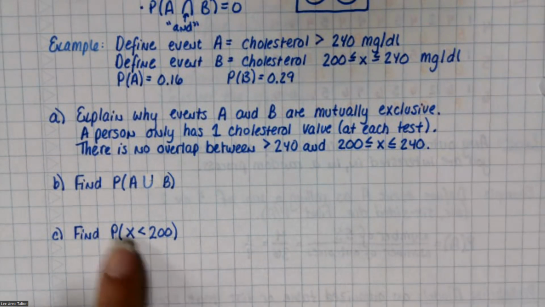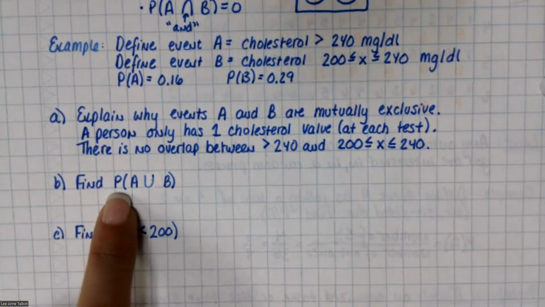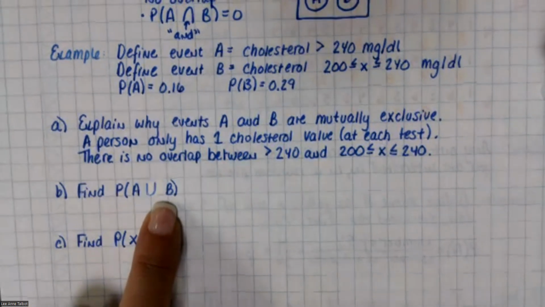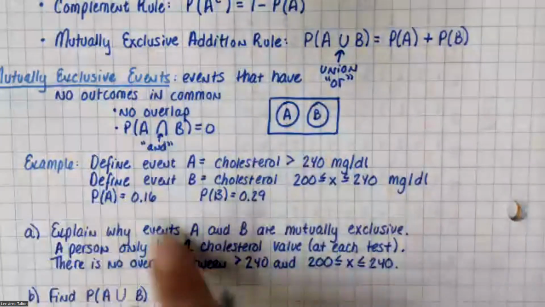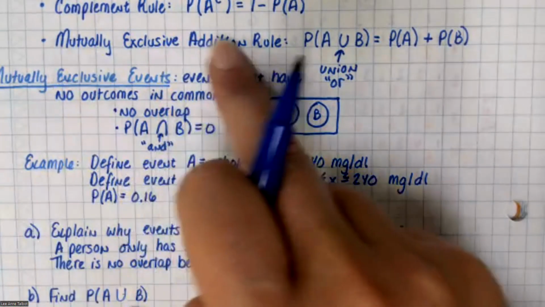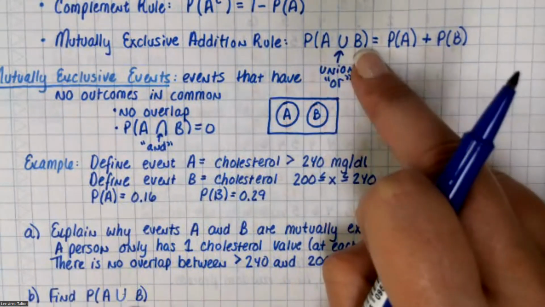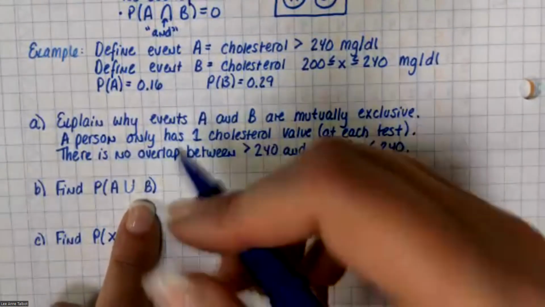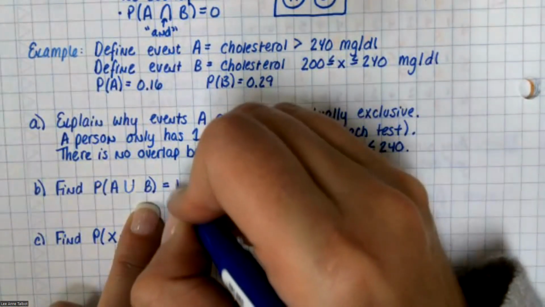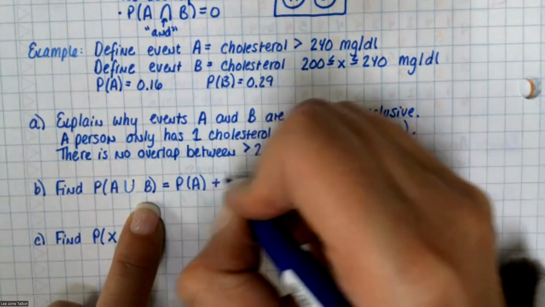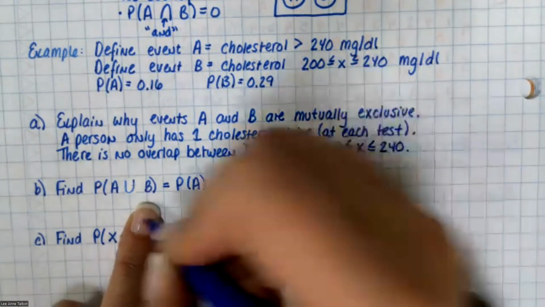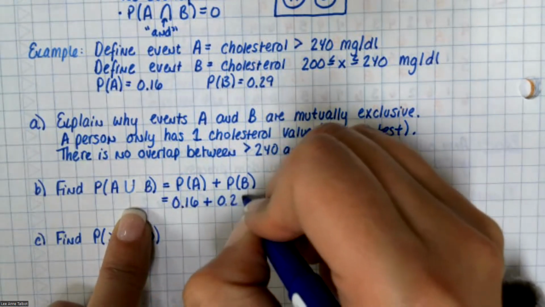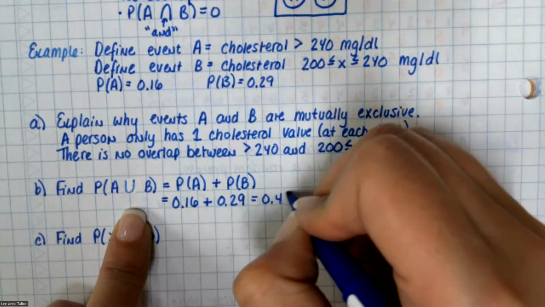Okay, let's practice our notation. Find the probability of A or B. So we scroll up here. We say this is mutually exclusive. The mutually exclusive addition rule says the probability of A or B is the probability of A plus the probability of B. So 0.16 plus 0.29 is 0.45.